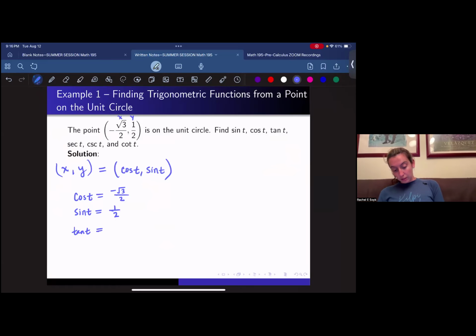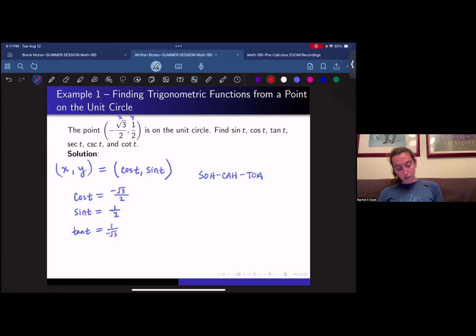Well, let's utilize our knowledge of SOHCAHTOA. If our cosine is adjacent over hypotenuse and our sine is our opposite over our hypotenuse, our tangent is our opposite over our adjacent. 1 over negative square root of 3.